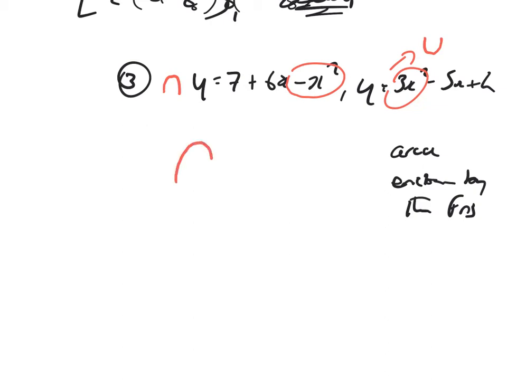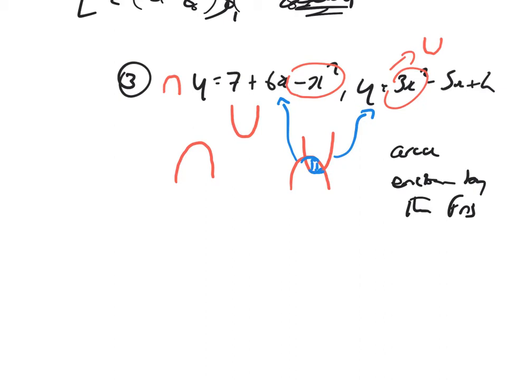Now, if you've got a concave up and concave down pair of curves, and they start to interact with each other and intersect, then the upper function will always be the concave down curve and the lower function will be the concave up. So we can identify that the concave down is the upper function, and that is this one. And the concave up would be the lower function, which is this one.